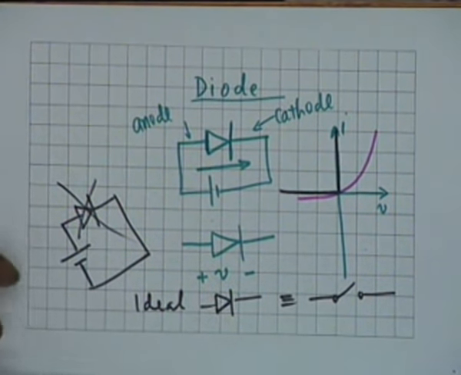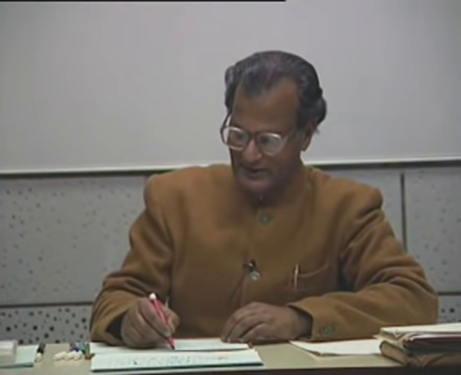All right. So, what then limits the current in the diode? Obviously, we shall have to have an external resistor in the circuit. A typical diode circuit would be like this.